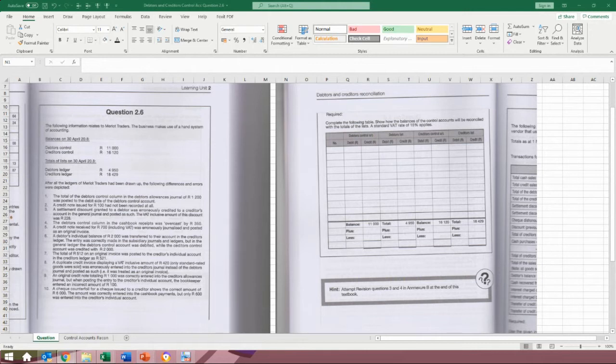Let me repeat that. If you've got the debtors column in our debtors allowance journal, to which side of the debtors control account would you normally post that entry? Would it be the debit or the credit side?